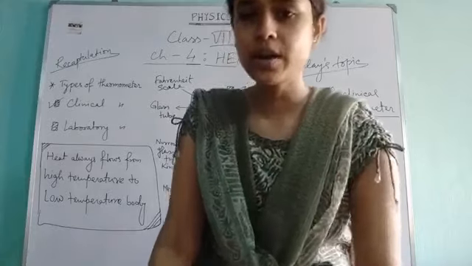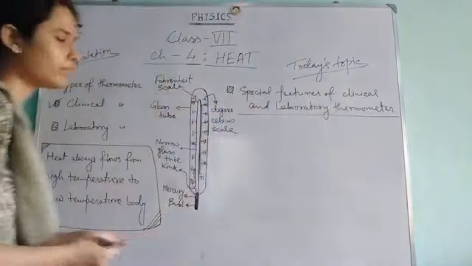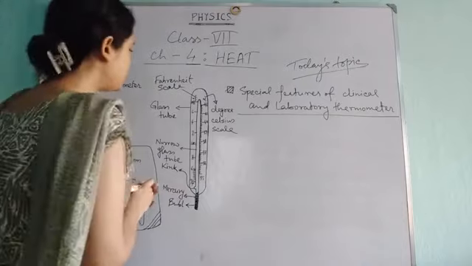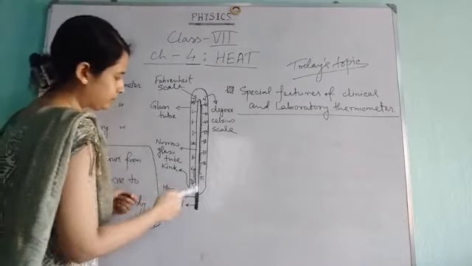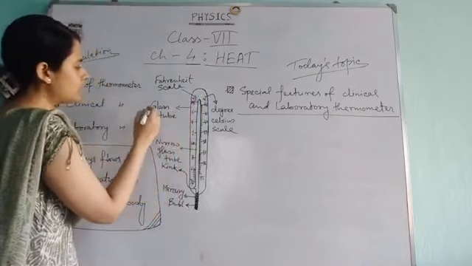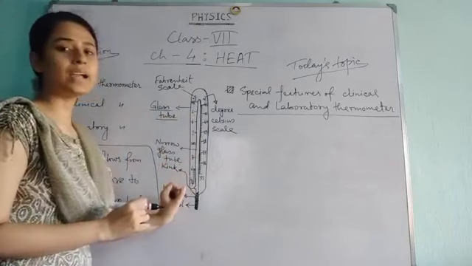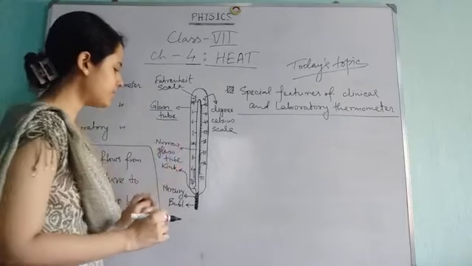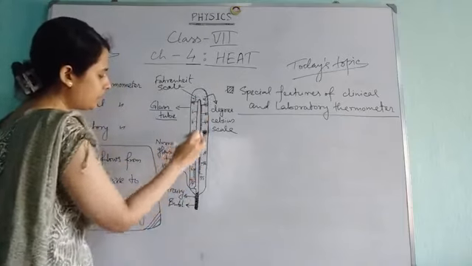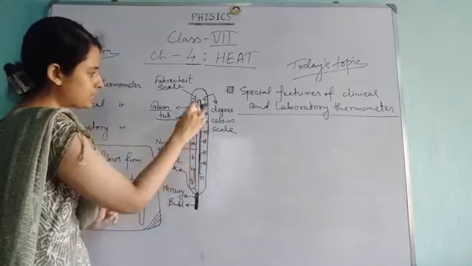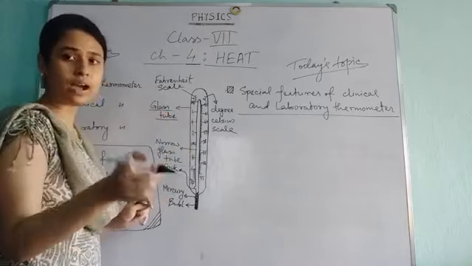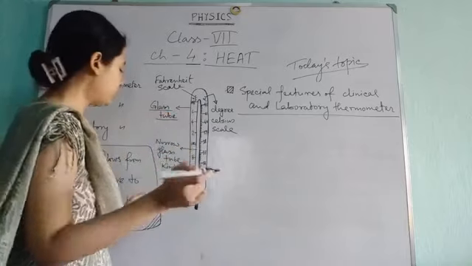Okay, so here I have drawn one figure for better explanation. You can see it. This is the outer glass tube which protects the inner fine tube through which the mercury rises, and this is the narrow glass tube present inside the thermometer, whatever I have shown you in the thermometer.